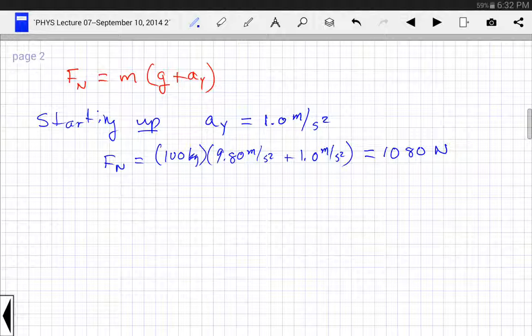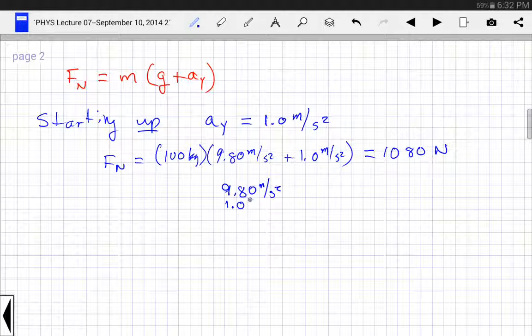Now, I only have two significant digits, right? This only has 2 here. I add these together and it's 10.8. Ooh, now I have 3. And so my answer actually should be 1080 newtons because I have 3 significant digits when I add these together. That is, when I add 9.80 meters per second squared and 1.0 meters per second squared.